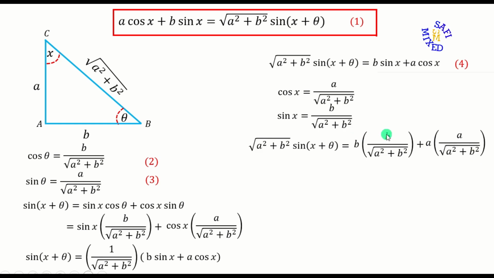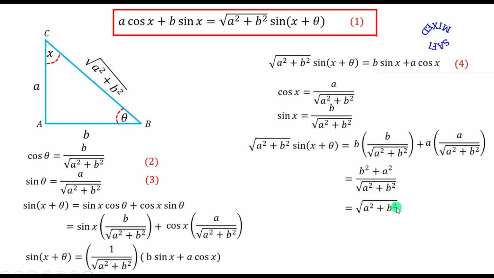So now b times b is b squared and a times a is a squared, and both terms carry the same denominator, so I can simplify this into b squared plus a squared, and I can cancel the square root in the denominator to put a square root over the numerator, and can reduce this into the square root of a squared plus b squared. Yeah, this is amazing.